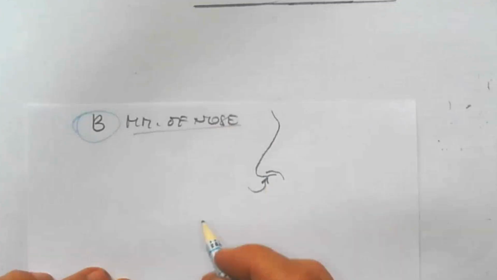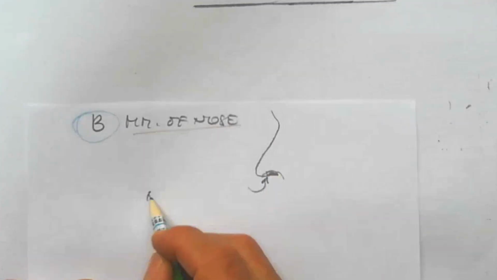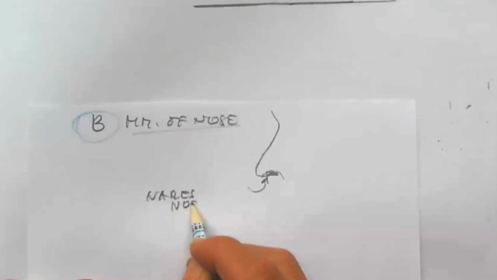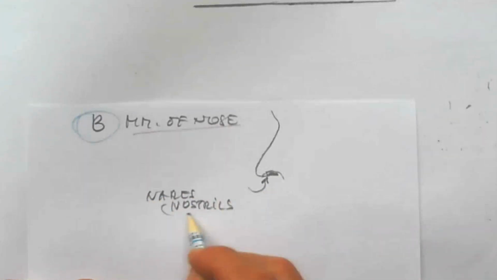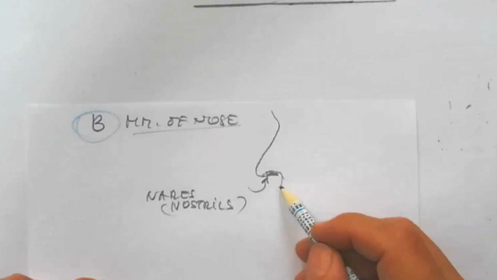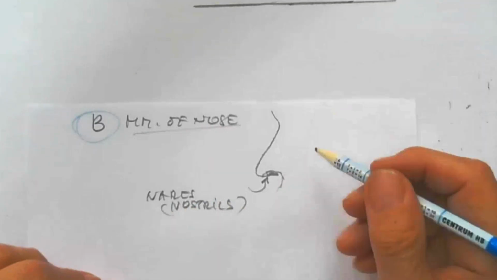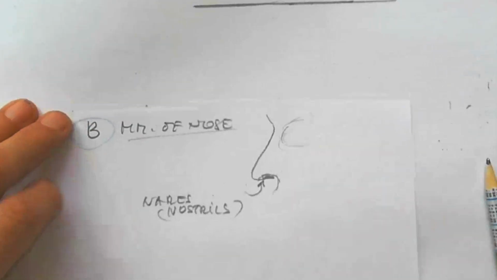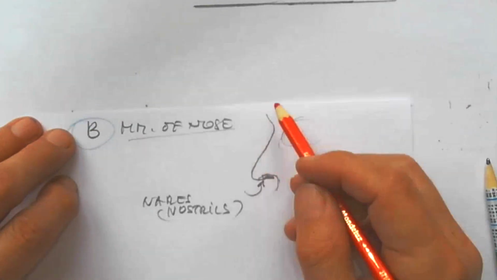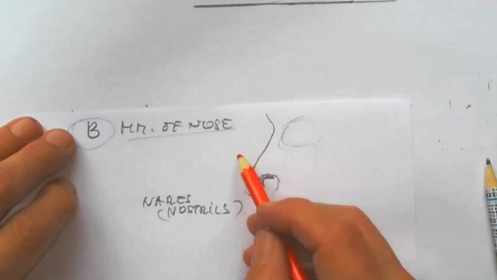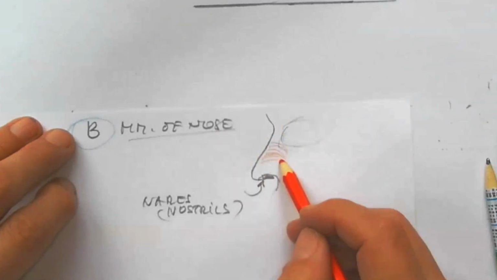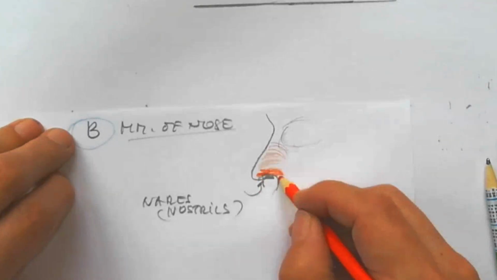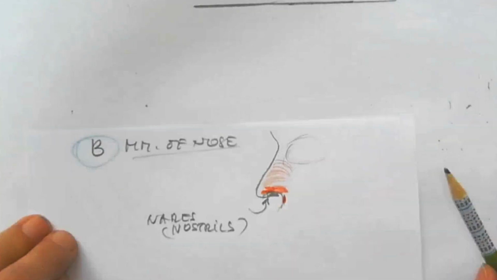Here is the nostril opening in the nose, the nares or nostrils, and the upper lip. We also see the position of the orbit. It has the transverse and alar portions, and a small part called depressor septi.